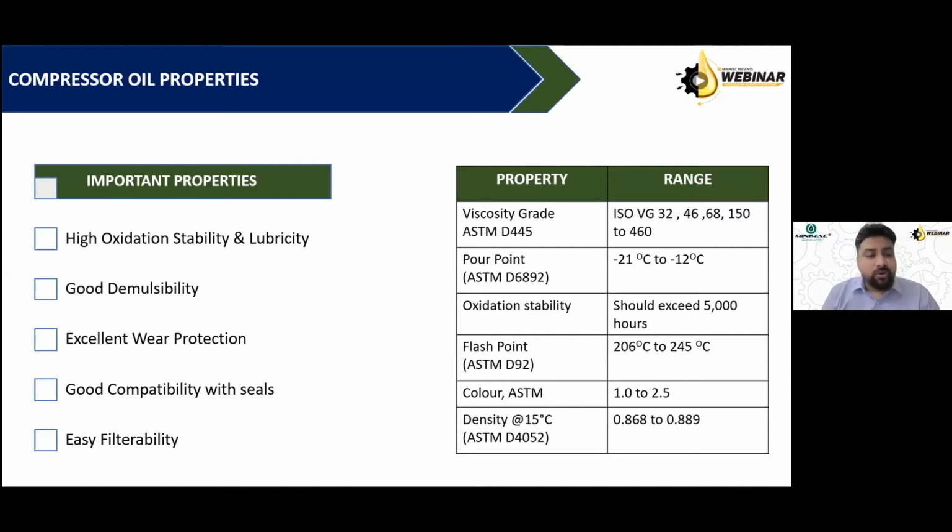They should have good demulsibility, because if there is a wet gas application and free water enters the lubrication system, and that is not demulsified, meaning it does not settle down, then there would possibly be an emulsion of lubricant formed, and further it would be extremely difficult to remove.